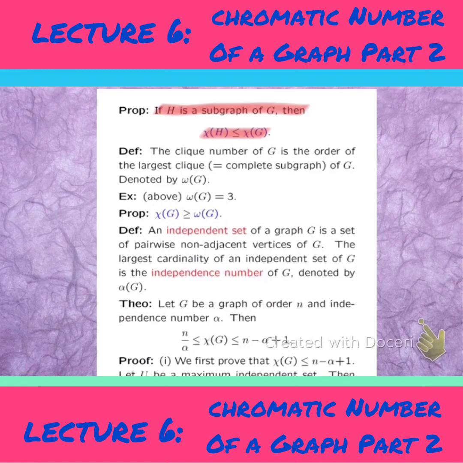You can then count the number of colors that you used in the subgraph H, and that will definitely be at most the chromatic number of G. So it's pretty straightforward.